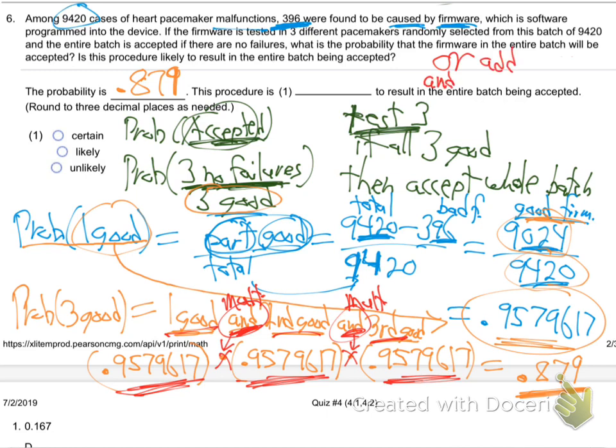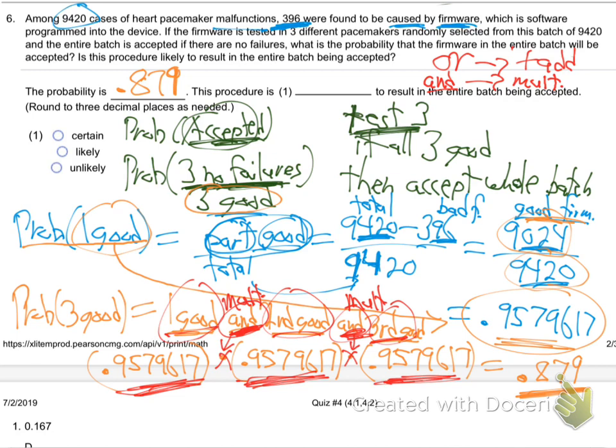For and, we multiply. Because they didn't say you want one good one, or if the second one's good, or maybe if the third one. They didn't say or. So they want the first one good, and the second one good, and the third one. They just said they wanted 3 good in a row, which means and. So you multiply those together.